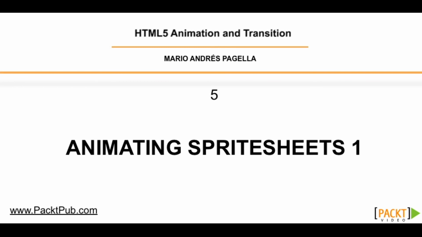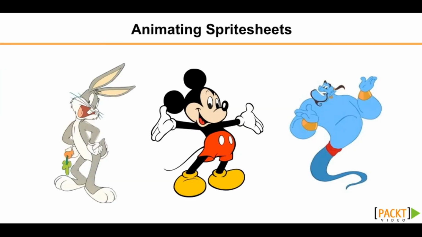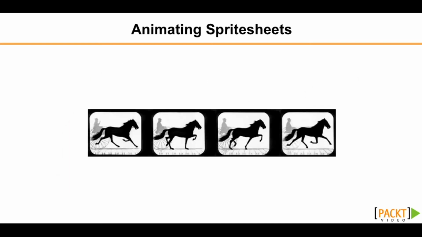Of cartoons, basically, such as Disney's Mickey Mouse or Aladdin's or Warner Brothers Bugs Bunny. So in cell-based animation, each single image is static, right? So by using several static images, you can give the illusion that an object is moving.